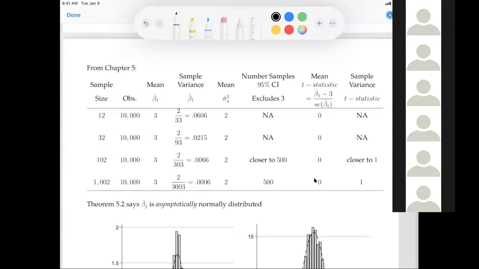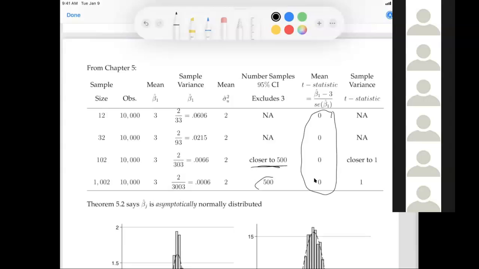Well, I'm not going to say it makes a prediction when I've got a sample size of 12 or 32, because that's not large. When I get to 102, okay, at least I'm going to be closer to 500. 1,002, yeah, I'm definitely going to think that's going to be good. I'm still going to expect the mean t statistic to be 0 because of unbiasedness.